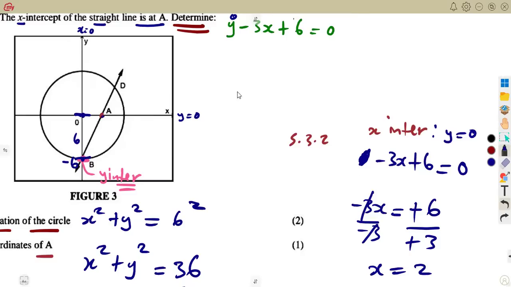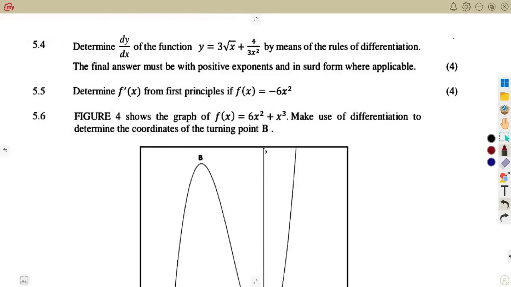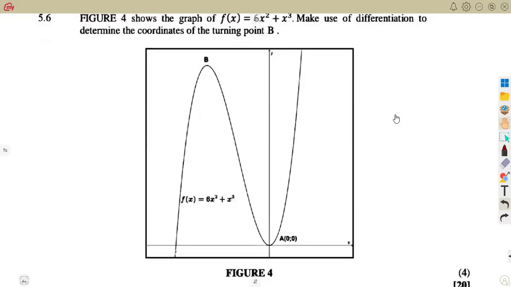So the point A is (2, 0). Remember, a point is made up of x and y. x is 2. What about y? y is 0. Remember, those are the conditions we substituted for the x-intercept: y is equal to 0.